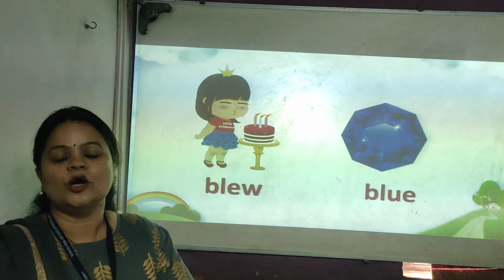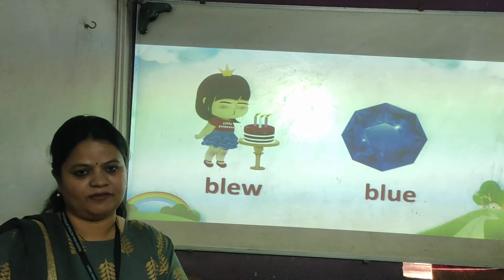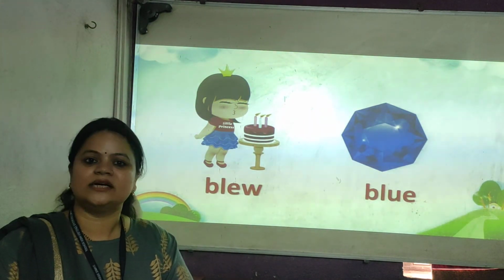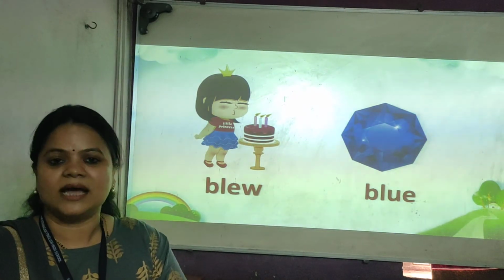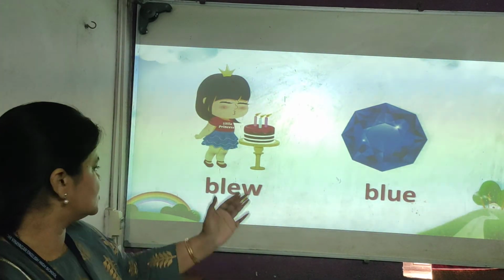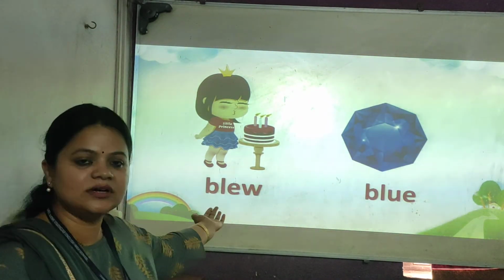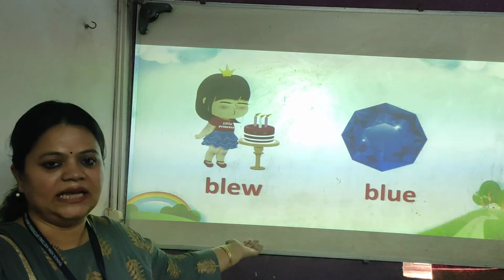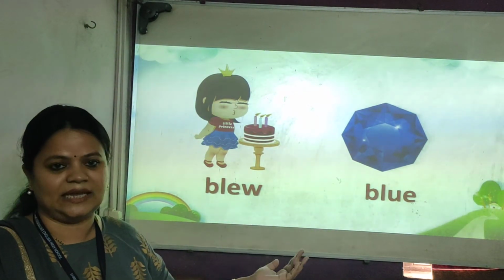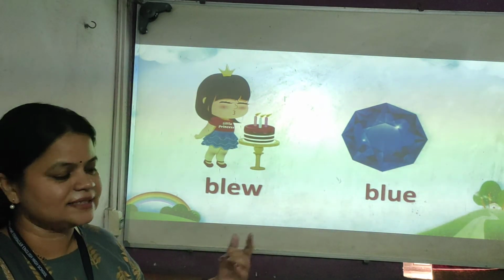So children, hope all of you understood this topic very well. Words that sound the same but have different meanings and different spellings. So this blew and this blue, when you read both the words, they sound the same. In English, when you read the words, they sound similar, but their meaning and their spellings are different.